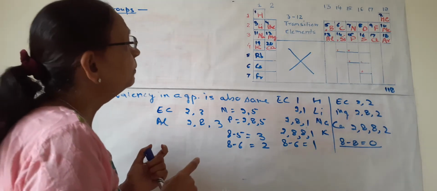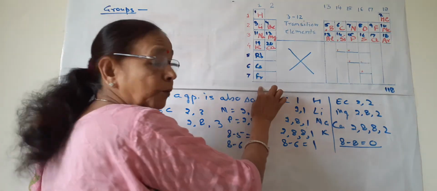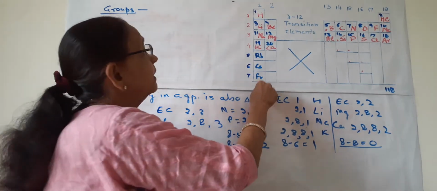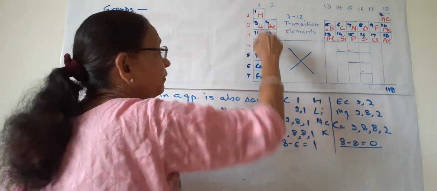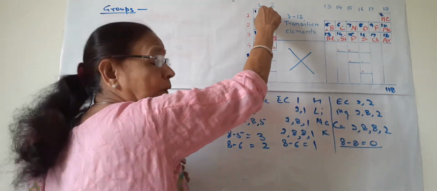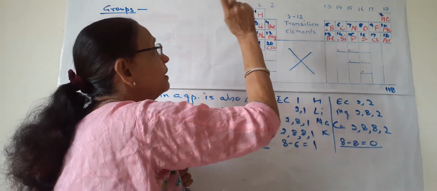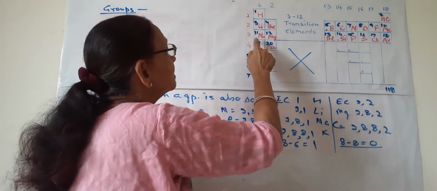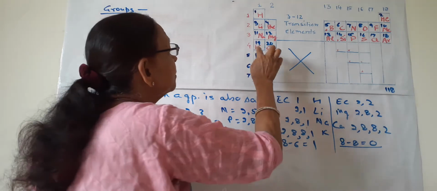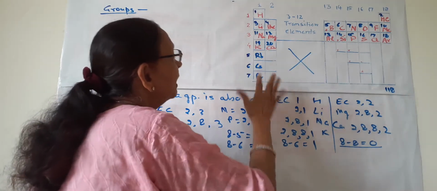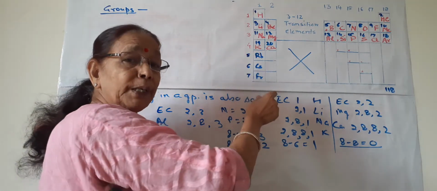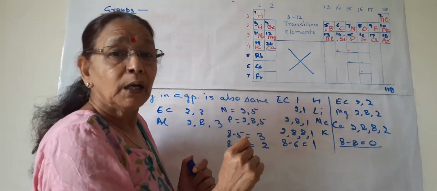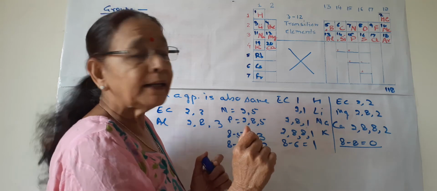And one thing more: as we go down the group, the number of shells increases. In the first group, the topmost element has 1 shell, the second element 2 shells, the third element 3 shells, the fourth element 4 shells. Likewise, the number of orbits or shells increases as we go down the group. Are you understanding this point?